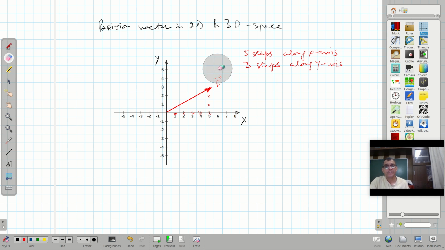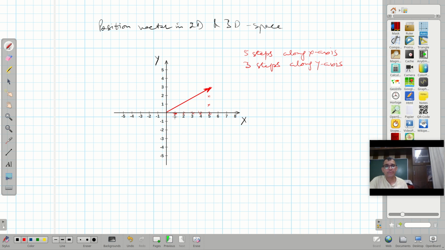So we are moving from this point to this point, which means I have to express this position in terms of x and y. So I can represent it vectorially also.